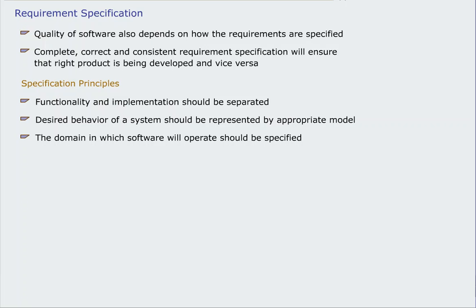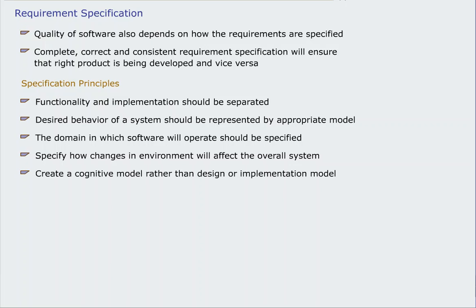Number 4. Mostly software is part of a large complex system consisting of hardware, software, people and data. How change in any one of these will affect the overall system needs to be identified during specification. Number 5. Create a cognitive model rather than a design or implementation model.